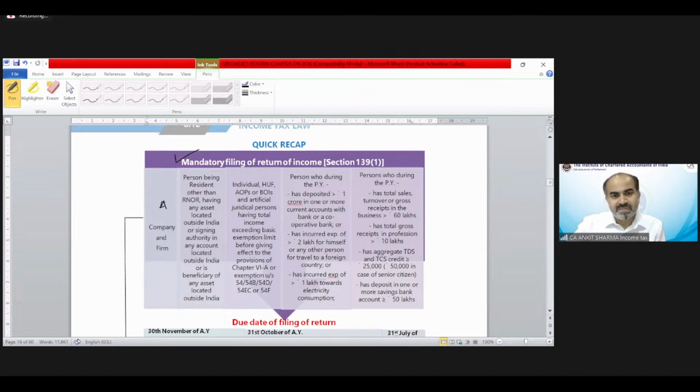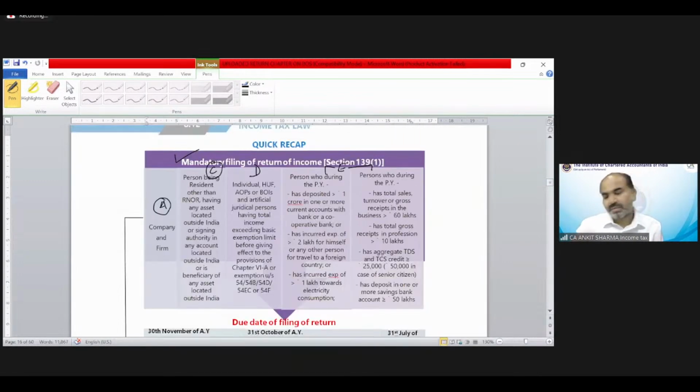We have discussed this: A point was company and firm, B point, C point, D point, and E point.